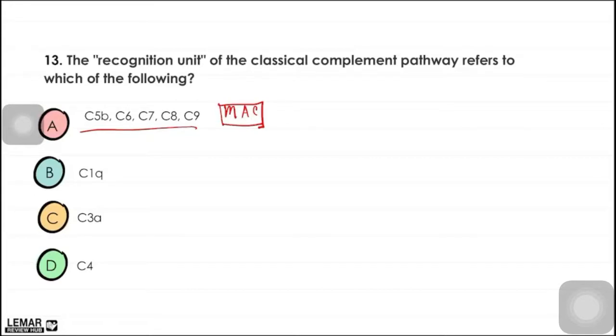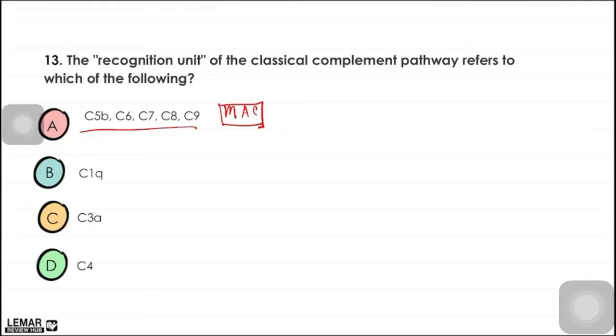The C5, C6, C7 complex acts on C8 and C9. C8 and C9 are inserted into the cell membrane, which will later lead to the formation of lesions that allow passage of ions, and later it will result in cell lysis caused by osmotic pressure changes.